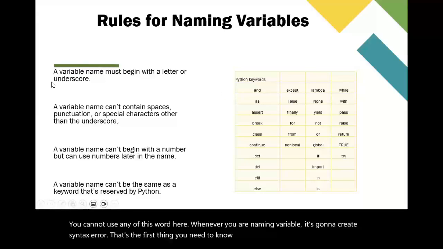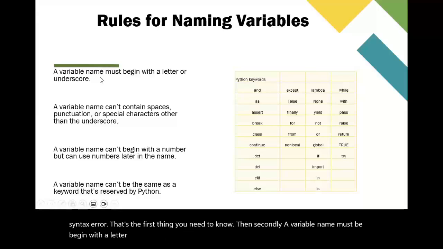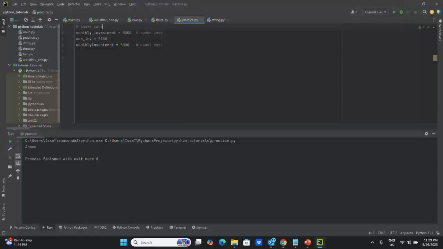Secondly, a variable name must begin with a letter or an underscore. Whenever you are naming your variable, you can start with an underscore. Say _monthly_investment, so let's assign 2,000 to it. Now let's print it to see if this is going to work.